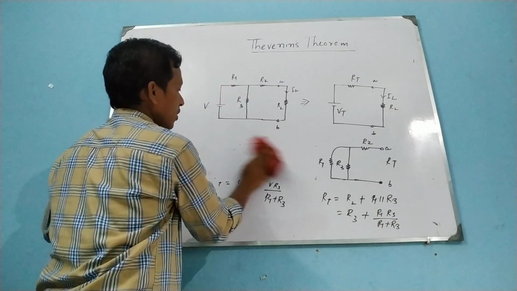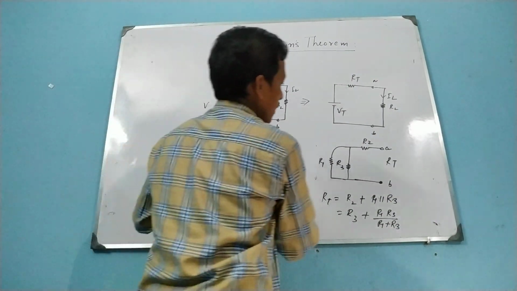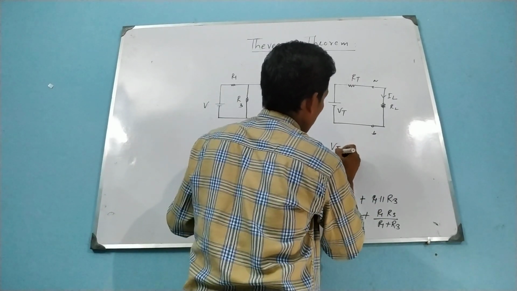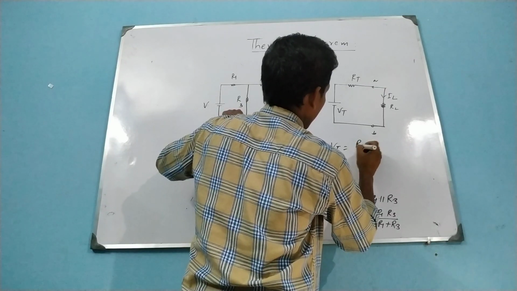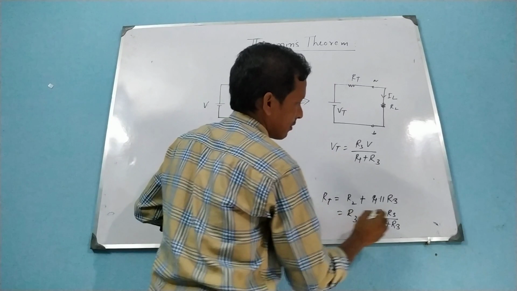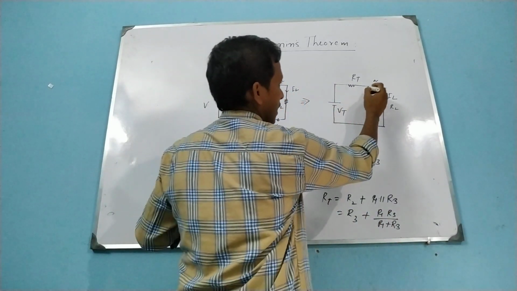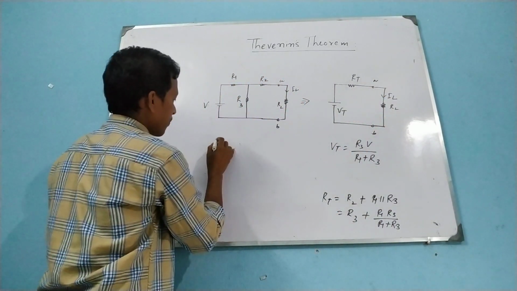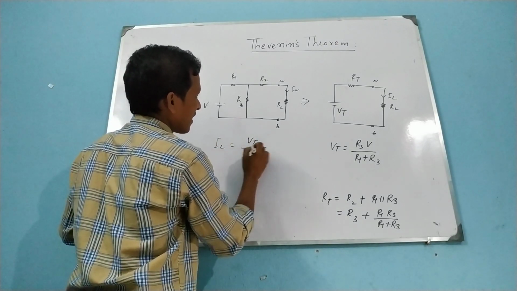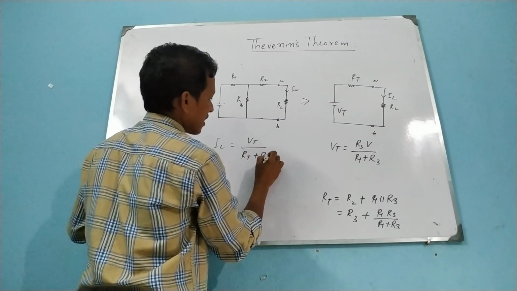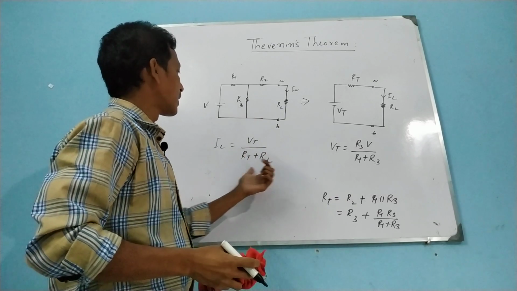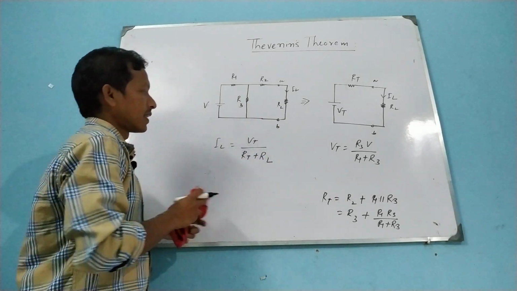The Thevenin's voltage Vt is equal to R3 into V by R1 plus R3, and this is the Thevenin's resistance. So, the current in the loop IL is equal to Vt by RT plus RL. So, this is the current.